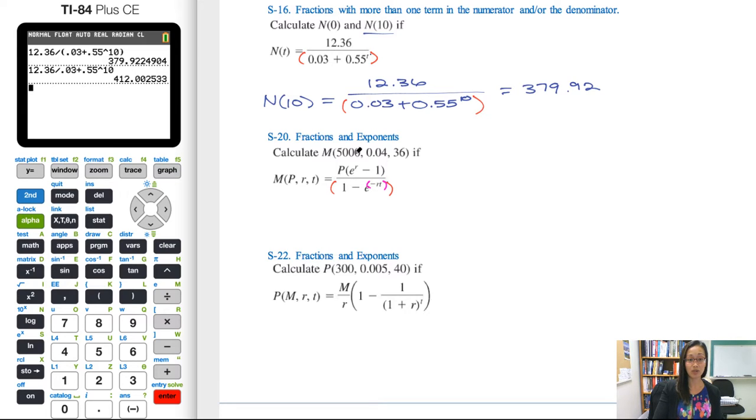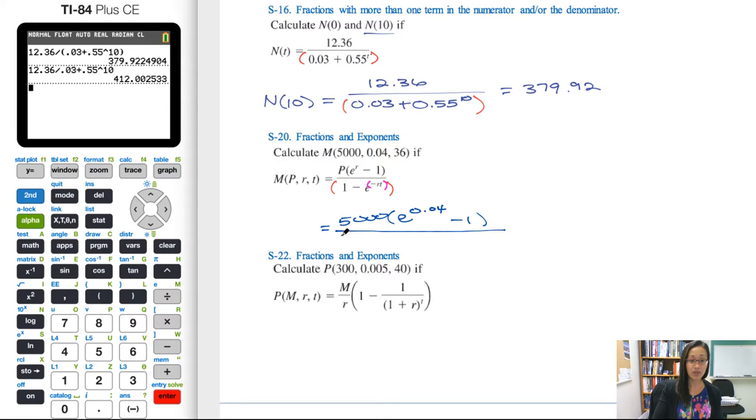So here we're going to evaluate P at 5,000, R at 0.04, and T at 36. So let's go ahead and make all those substitutions. So P is 5,000. e to the R is 0.04, minus 1.